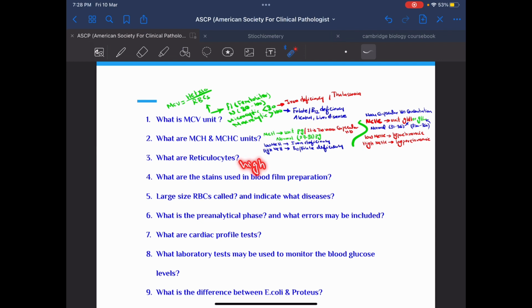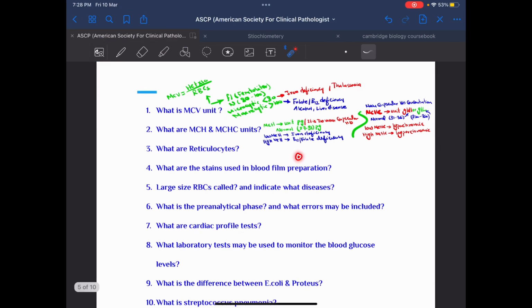High retics count is caused by hemolytic anemia or erythroblastosis fetalis.